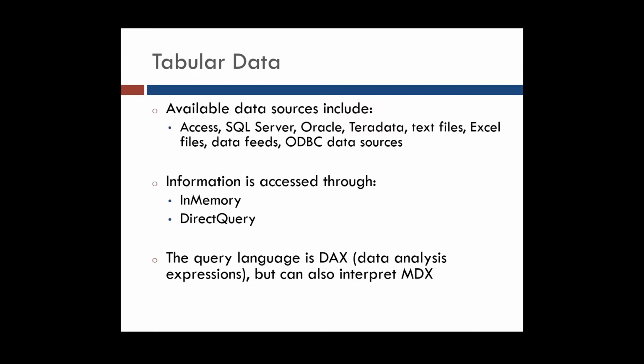Every time the client hits it, it's going right to memory versus having to pull it from disk or anything like that. Or you do have the DirectQuery option still, where you can pass through the Analysis Services tabular model and hit the underlying data source. It will return the data and pass it through to the end user of the client tool.